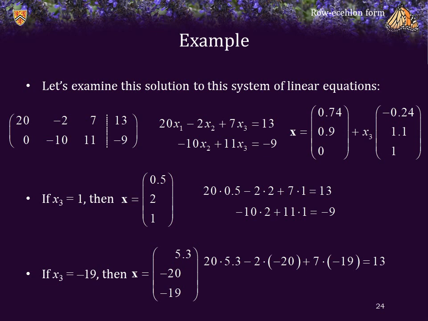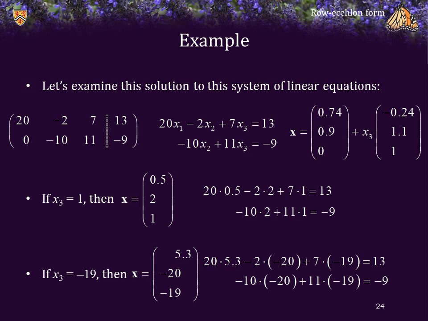We get 20 times 5.3, which is 106, minus 2 times negative 20, which is positive 40, plus 7 times negative 19, which is negative 133. So 106 plus 40 minus 133 is indeed equal to 13.